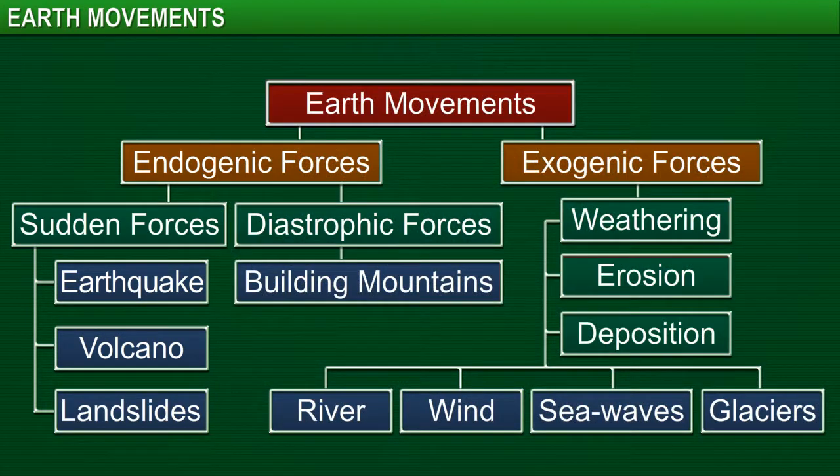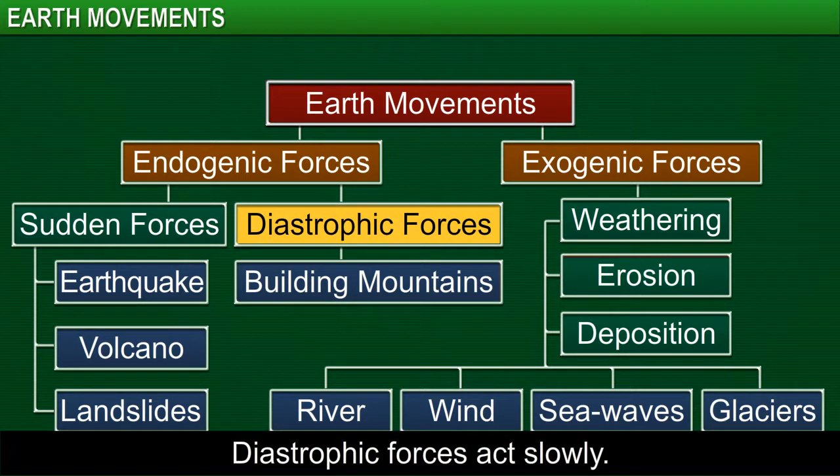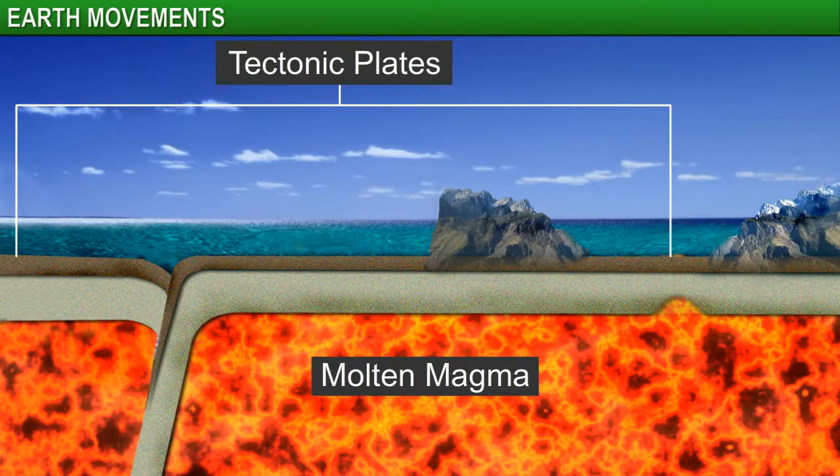Endogenic forces can also take the form of diastrophic forces that act slowly over a period of time. Diastrophic forces refer to forces generated by the movement of the solid material of the Earth's crust.